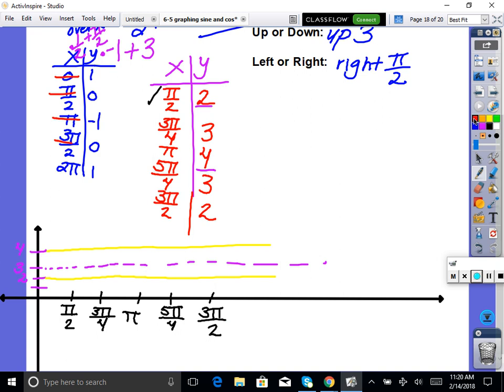Okay, here we go. Plotting points, pretty easy stuff, because it literally just takes care of itself. Pi halves up 2. Agreed? We could go another 4 tick marks, but we won't, I guess.